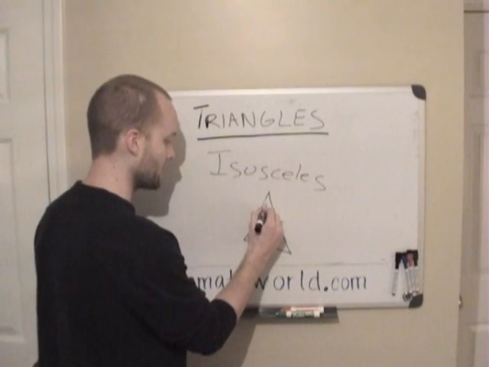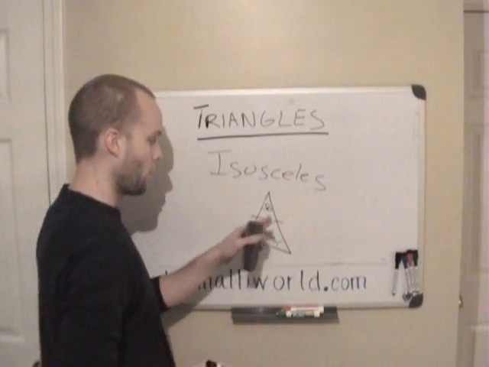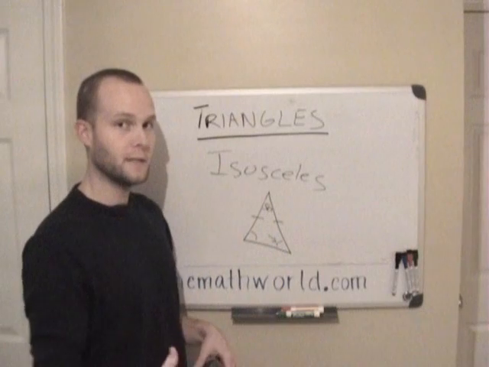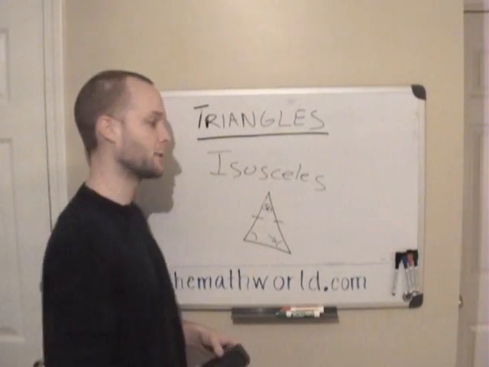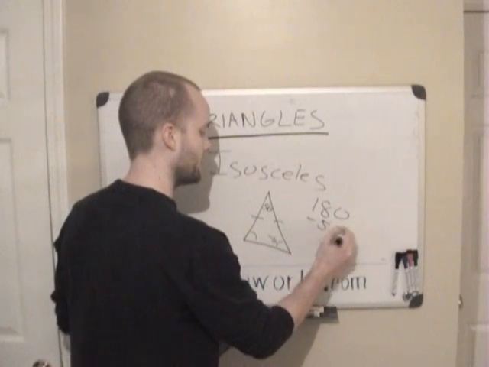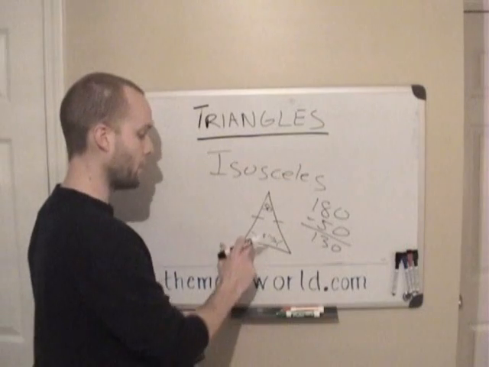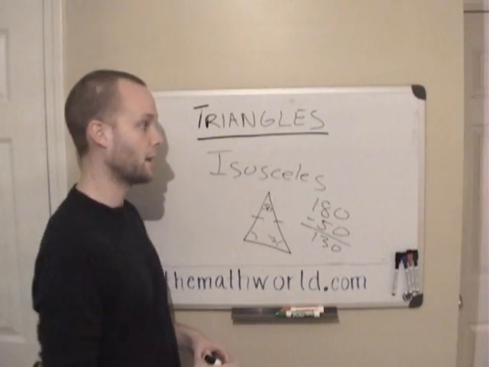So if we're given, let's say this angle up here is 50 degrees, and they say, what is this angle? Well, since we know all the angles add up to 180 degrees, we can take 180 minus 50, and we're left with 130. And we know both of these 2 angles have to add up to 130.